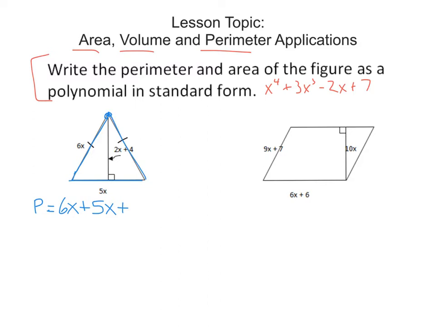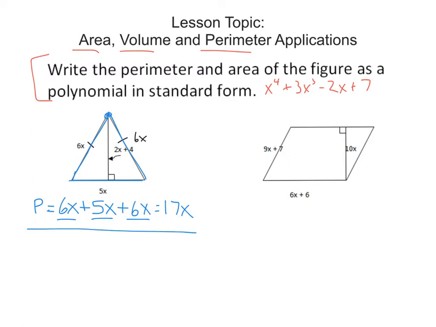And notice, because of the tick mark saying this is congruent to this, we know this length is 6x. It is not 2x plus 4. So another 6x. Now, we've been talking about polynomials, and now what we want to do is make sure to combine any like terms. So we have 6x plus 5x plus 6x. They're all like terms, which means this will be 17x for our perimeter.